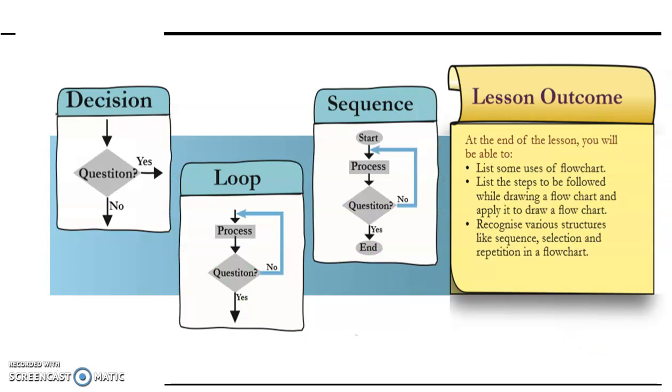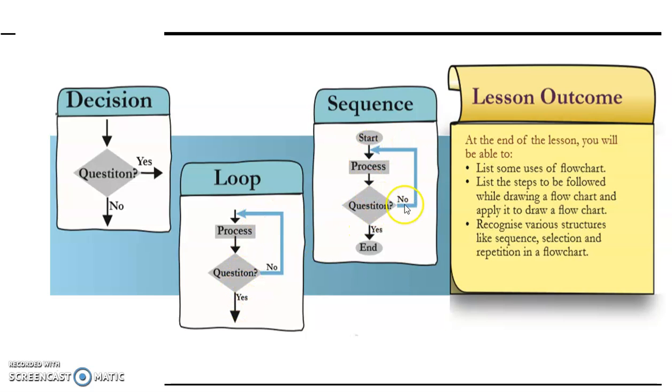So in this lecture on flowcharts, we have learned decision making. That means in a diamond shape we represent a question, and the answer would be either yes or no. Then we have understood the concept of a repeated sequence, that means a loop process, then a decision making statement, and if the condition is true, then repeat again and again until the condition becomes false.